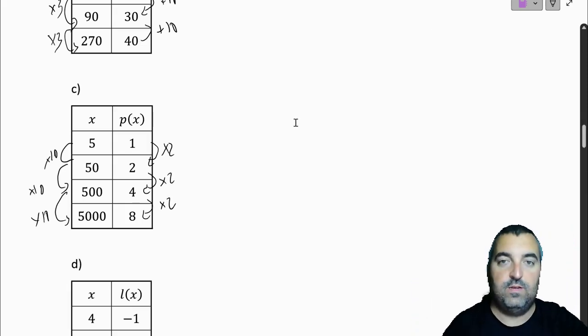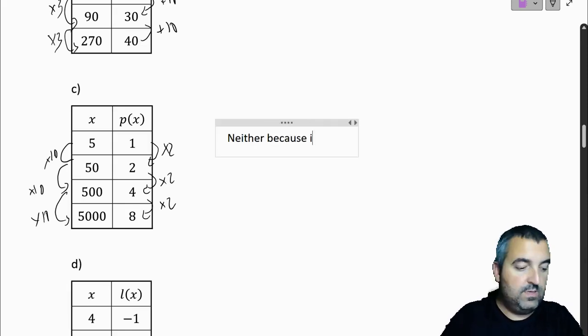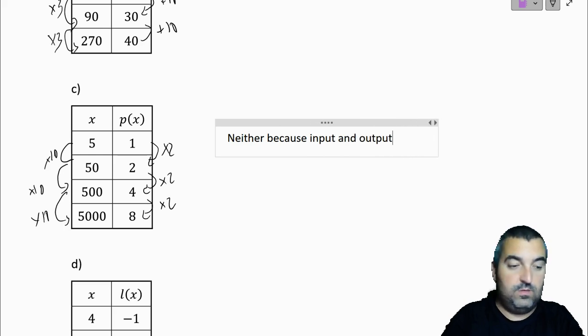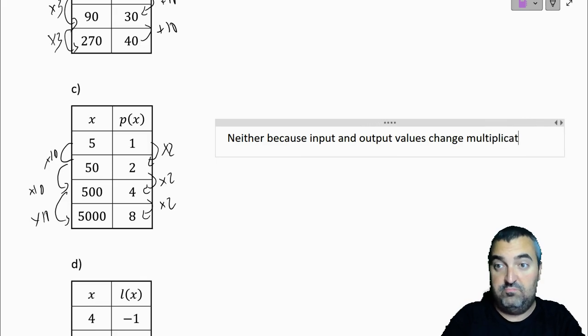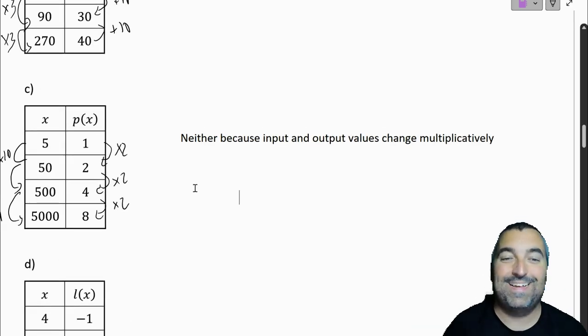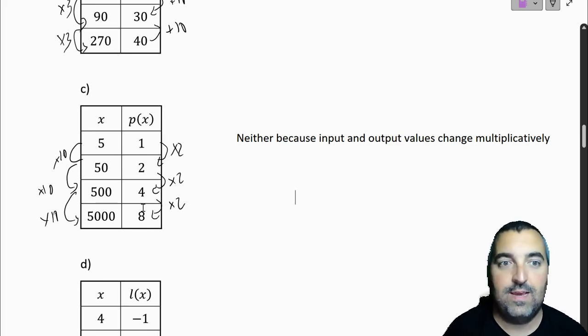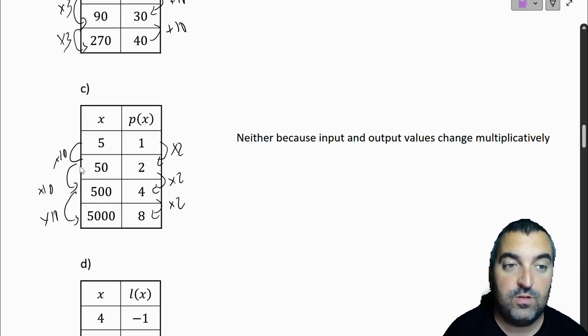So at this point, we would say this is neither, because input and output values change multiplicatively, which is not the case for either. Sorry, I can't remember how to spell things. It's not the case for either log or exponential. So there's kind of a case where, hey, it's neither. It'd be the same idea if they were both addition, right? If it was plus 5, plus 5, plus 5, and plus 2, plus 2, plus 2, that's not exponential or log.